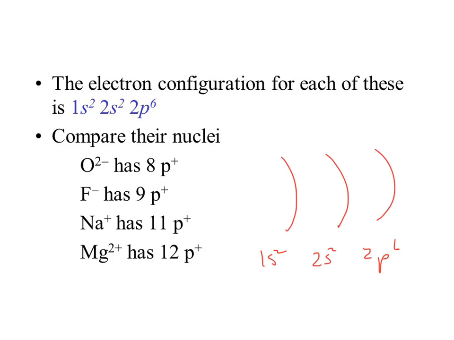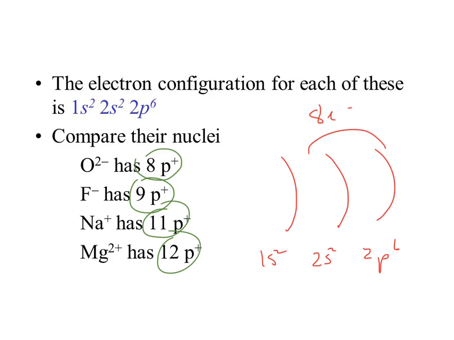So if you want to talk about these as the 8 valence electrons, notice that these are the nuclei that those 8 electrons are going to be drawn to.